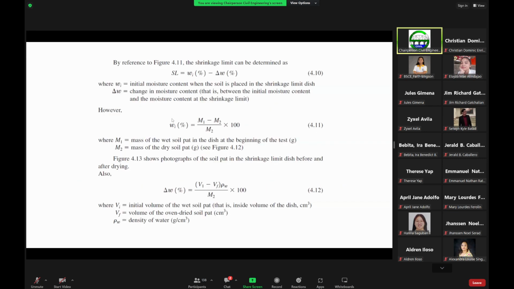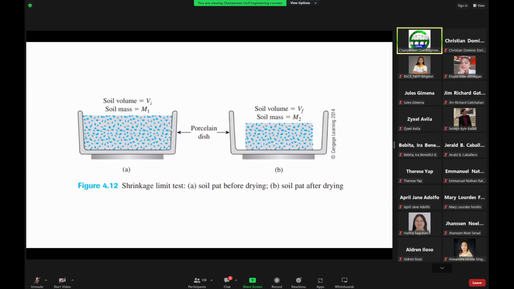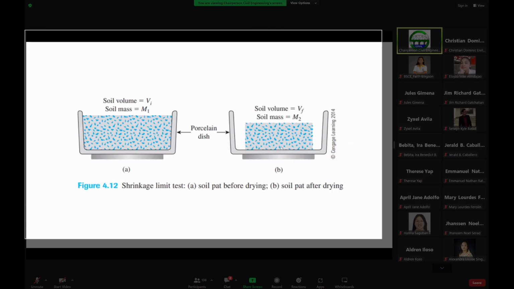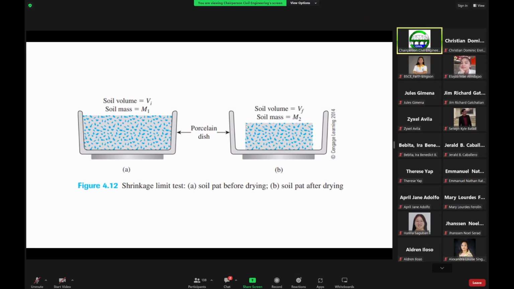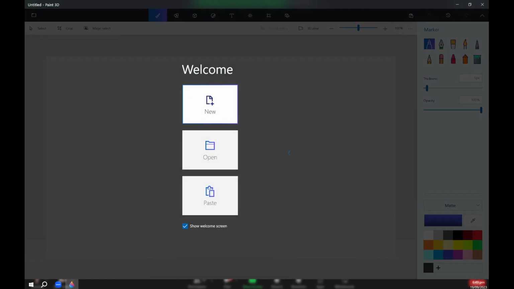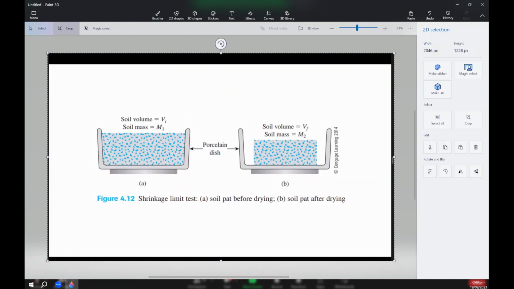Again, in the figure, you notice that the soil is still sticking on the side of your porcelain dish, but after shrinking, the soil pat has reduced in volume, moving away from the sides and also decreasing in height.